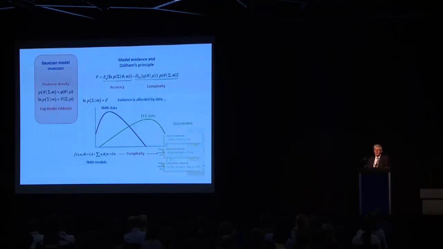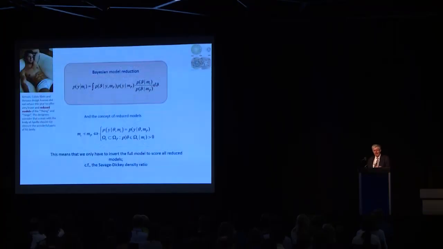For different data, there will be a different optimum degree of complexity, and that optimum will maximize the Bayesian model evidence that you can actually measure, score and determine what is the best level of complexity for any given data.